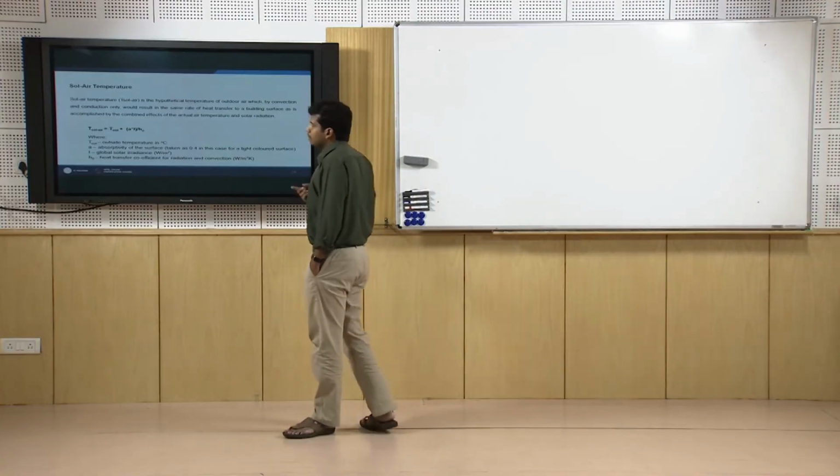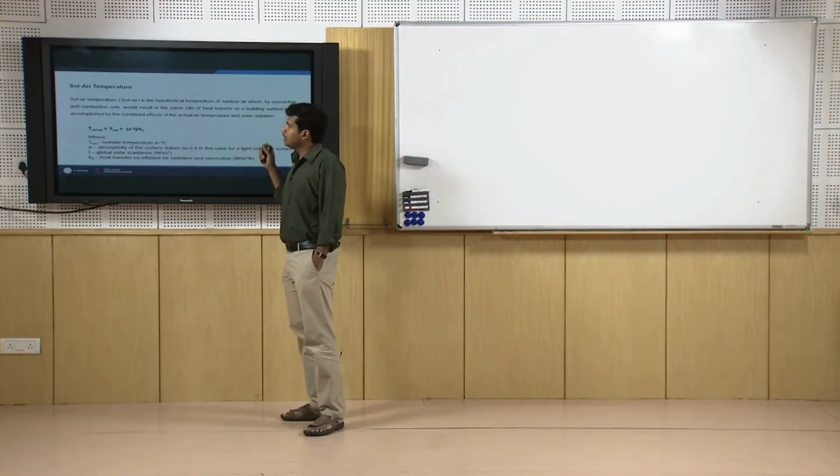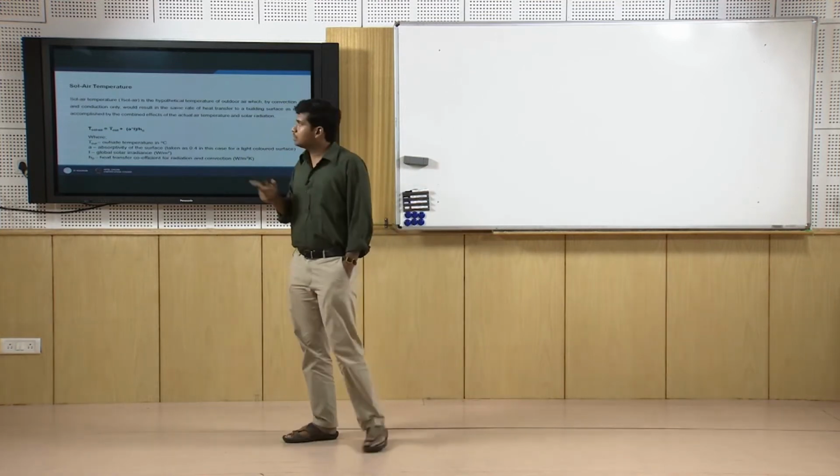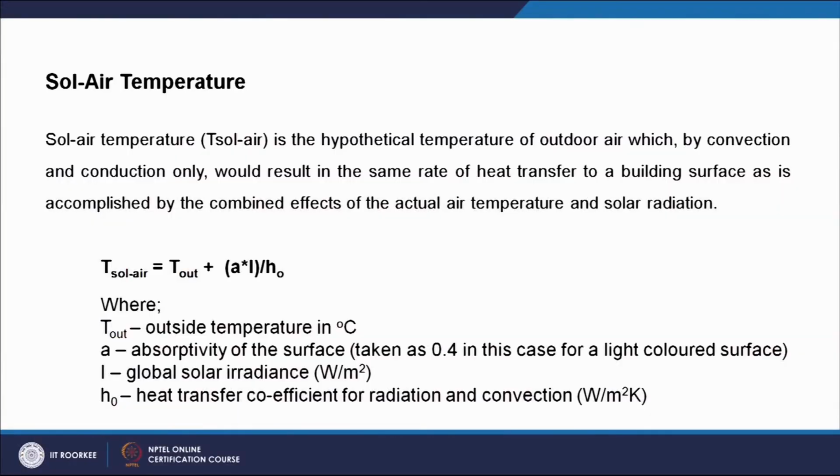How do we account for this particular solar radiation in our building related calculation? The main parameter which is used is sol-air temperature. Sol-air temperature is kind of an inclusive number, which, if you read this equation, T out is the outside air temperature in degree centigrade. This is a measurable temperature of outside air.